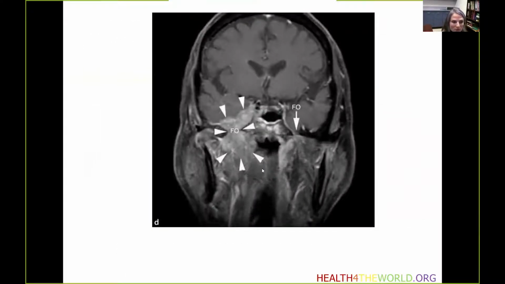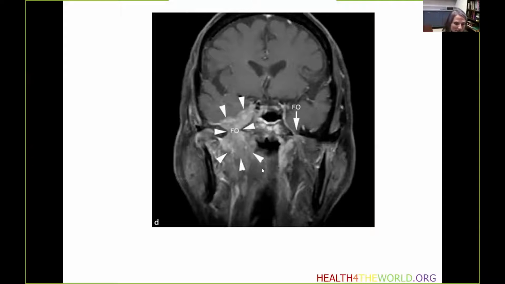This coronal T1 post-contrast image of the brain demonstrates intracranial extension of this nasopharyngeal lesion, with widening of the right foramen ovale, indicating that it probably is due to perineural spread of tumor along the alveolar branch of the trigeminal nerve.